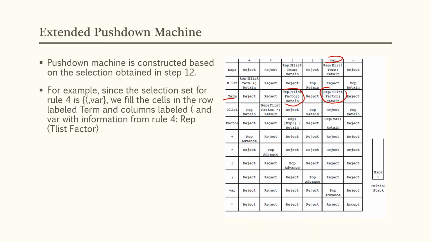We replace with T list vector and retain, for both open bracket and var input. It is the same way that you construct a pushdown machine in LL1 in the previous video.